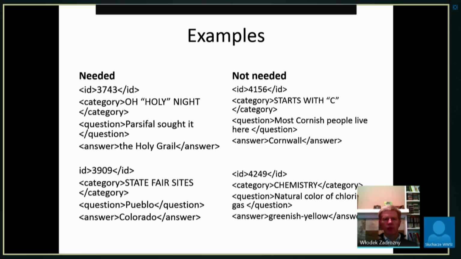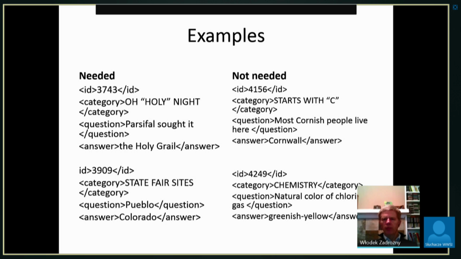So here are some examples. In the previous example of Holy Night, we obviously need the category information here because we need it for Bing. Similarly, we need the category information for the short question Pueblo with the answer Colorado. On the right-hand side, we see 2 examples of questions where the category information is not needed.